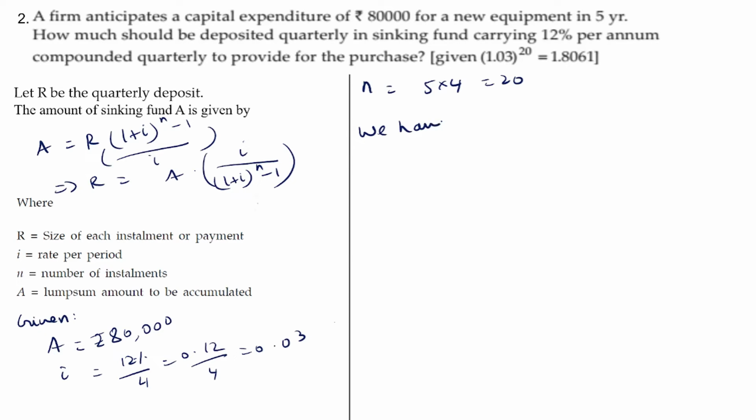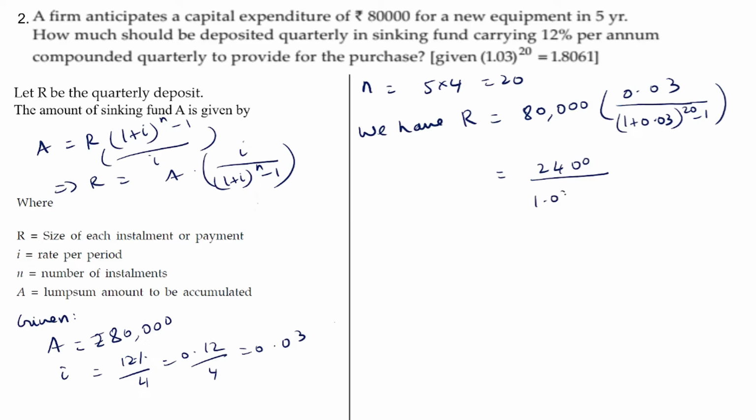We have R is equal to 80,000 into 0.03 upon 1.03 the whole raised to 20 minus 1. So this is 80,000 into 0.03, 2,400, upon 1.03 raised to 20, which is 1.8061, minus 1.